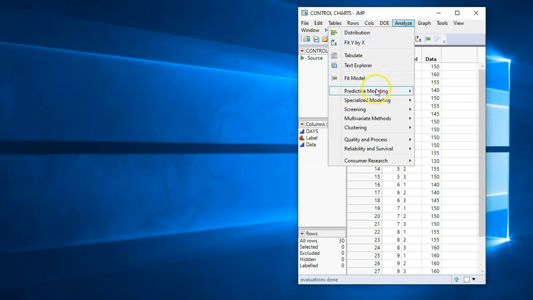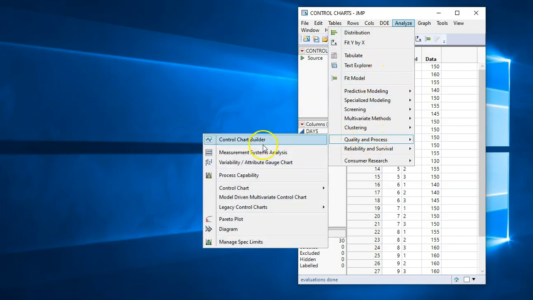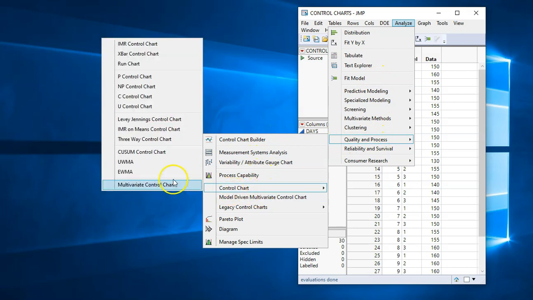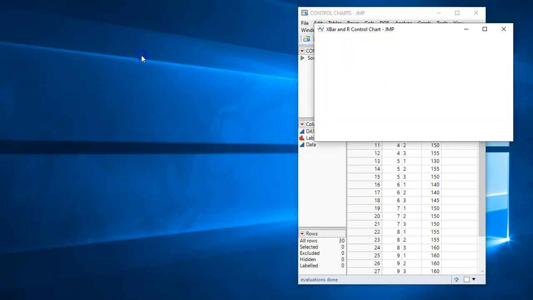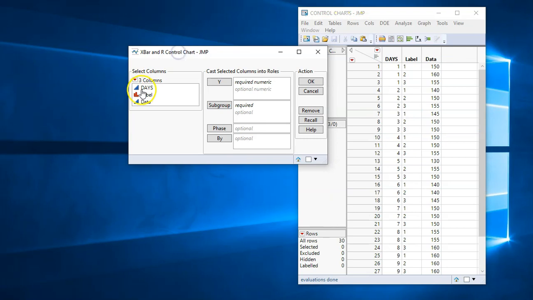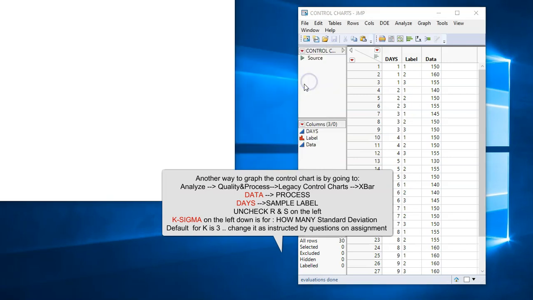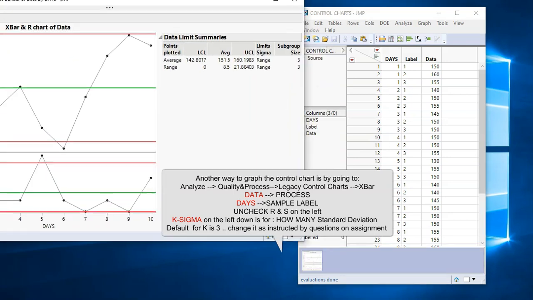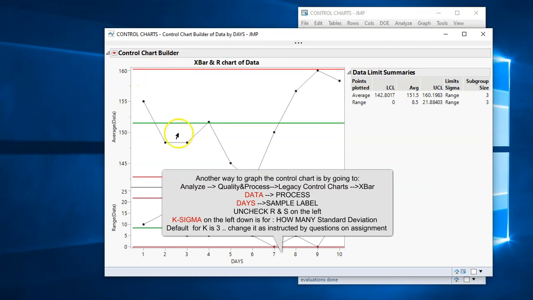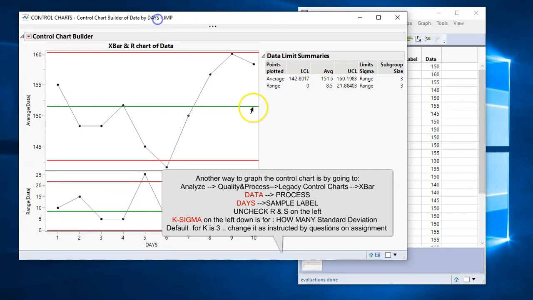So one more time, we go to quality and process, control chart, XBAR chart, and days. Oh, data goes to Y, right? And days go to the subgroup. That's what we did, right? And that creates our control chart.